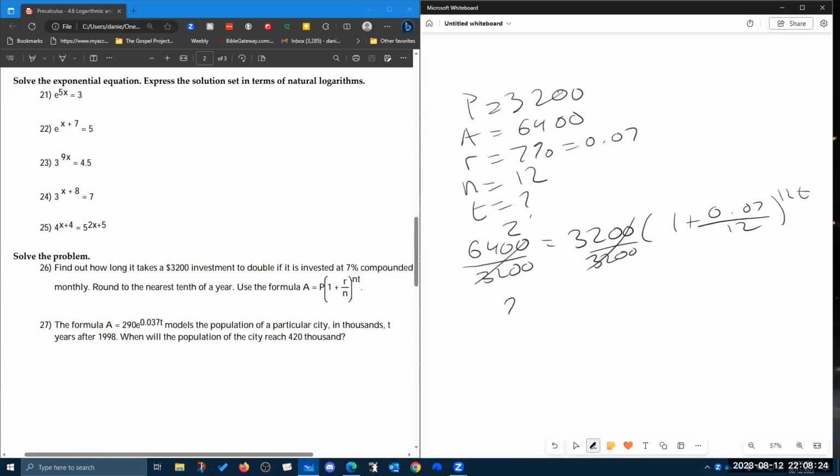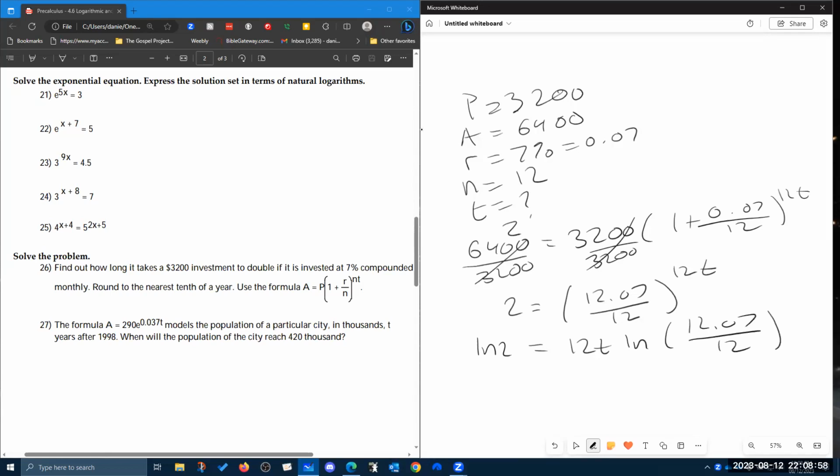And this is going to be 2 is equal to 1 plus 0.07 over 12, to the 12t, like that. And I'm just going to use ln to get the 12t down, because that's what I'm interested in solving for. So ln of 2 is equal to 12t ln of 1 plus 0.07 divided by 12.